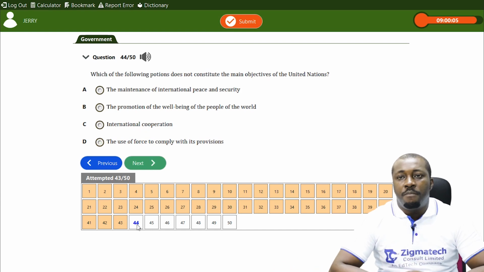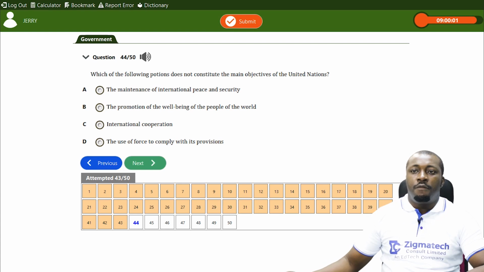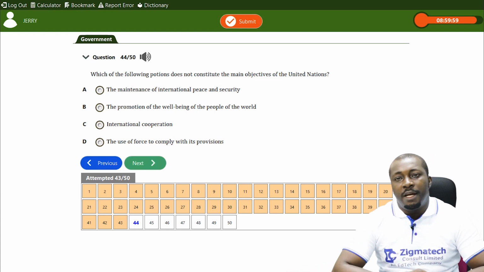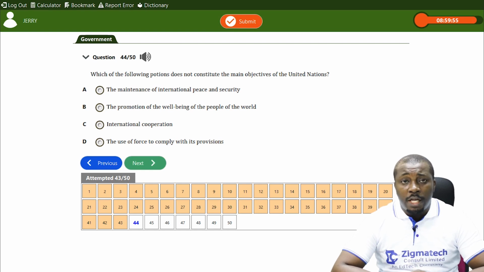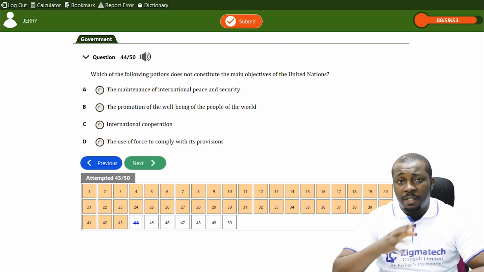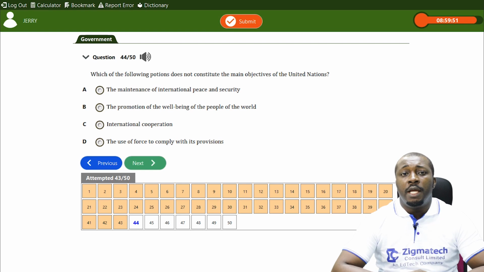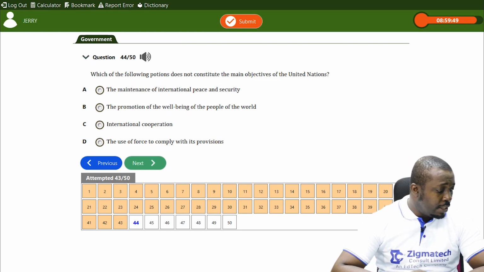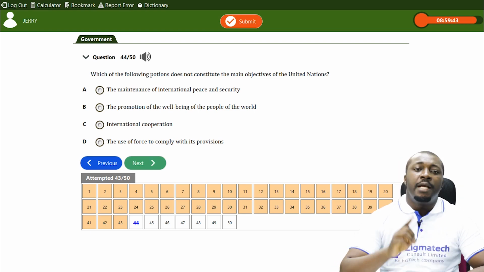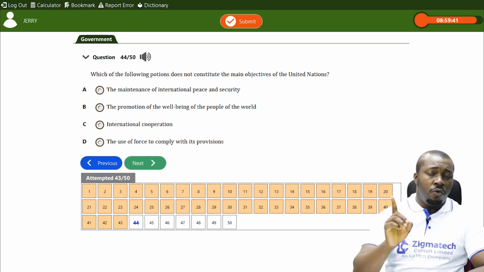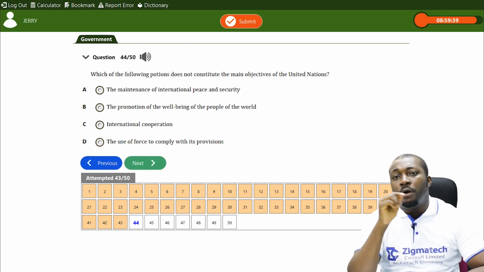Now, which of the following does not constitute the main objectives of United Nations? Now, this question actually tests your knowledge of United Nations, especially with respect to the objectives of United Nations. Now, the first one says maintenance of international peace and security. This is number one goal of United Nations.